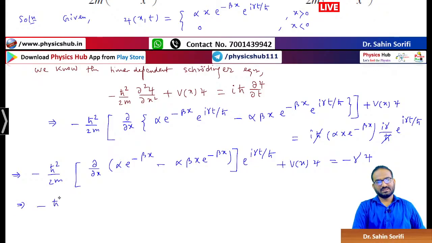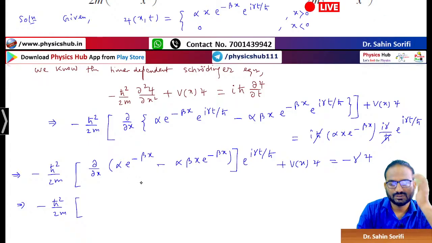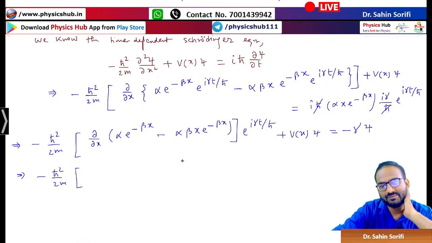Now minus h cut square by 2m, this one, what will it give you? Derivative of this thing.